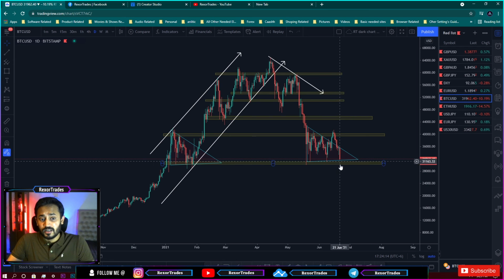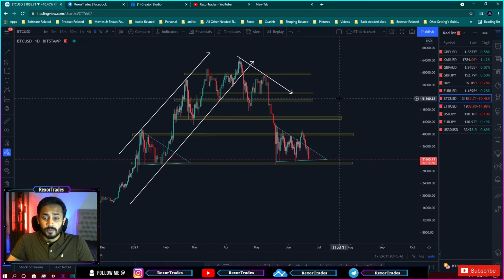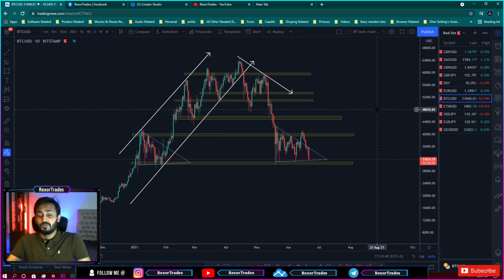It might make another deep bearish move over here, somewhere around any of the zones over here. Only then would it start to go up with more bullish momentum on the way up. So for now, I think Bitcoin might break and close below this zone, come even further down, and then make a continuous bullish move over here.